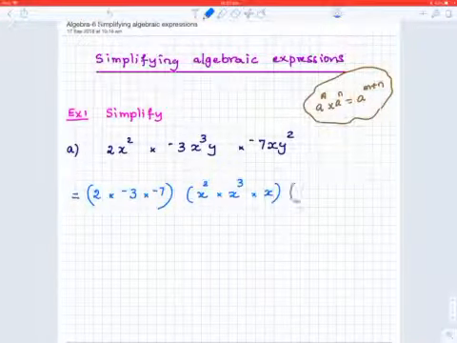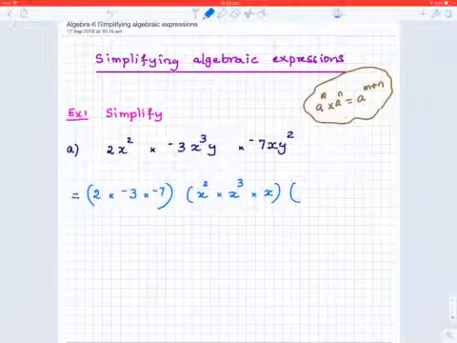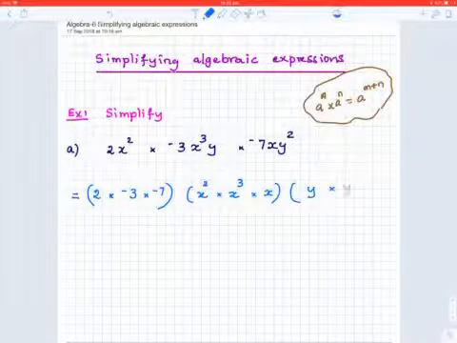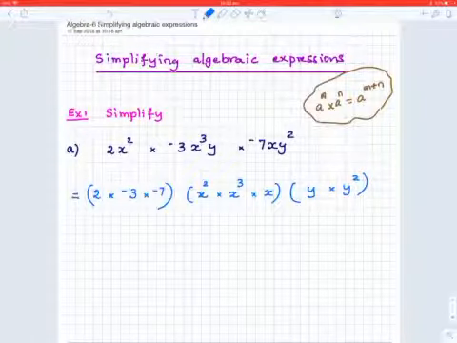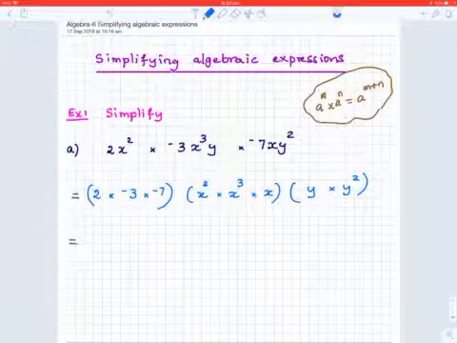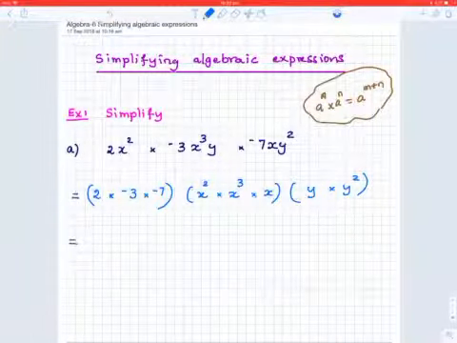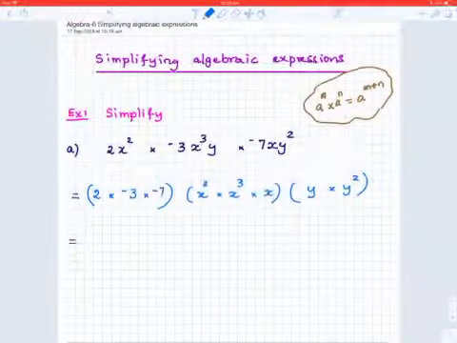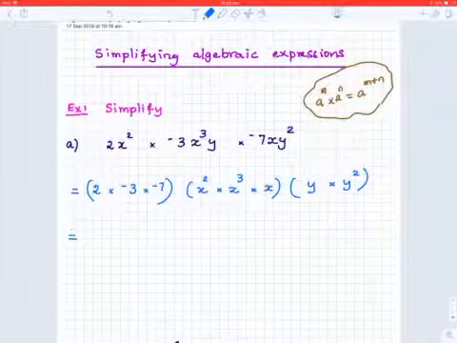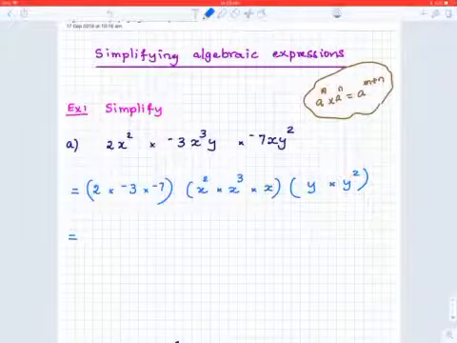Then I have to group the y's. There's no y in the first term. Then y times y squared. When you multiply algebraic terms, you multiply the numbers, but with pronumerals, you have to add the powers.